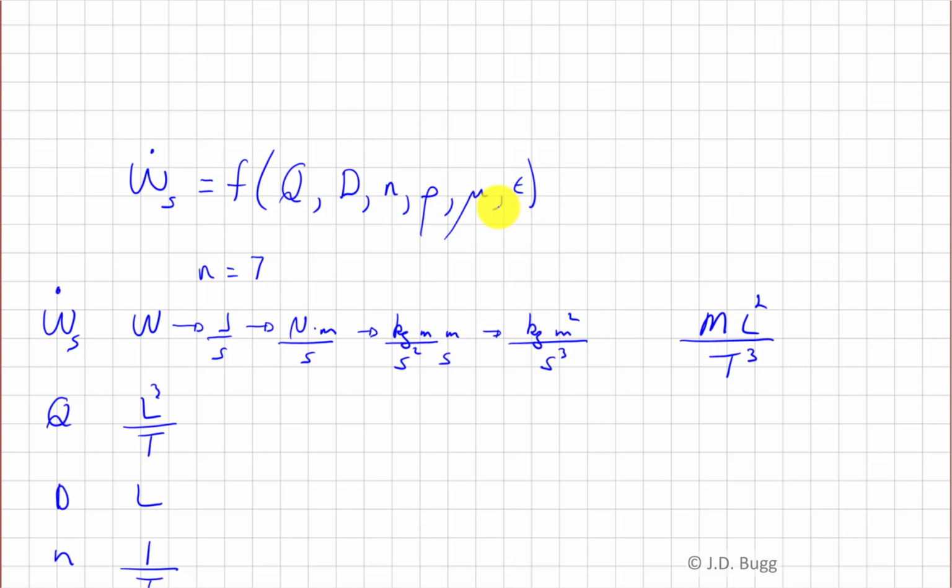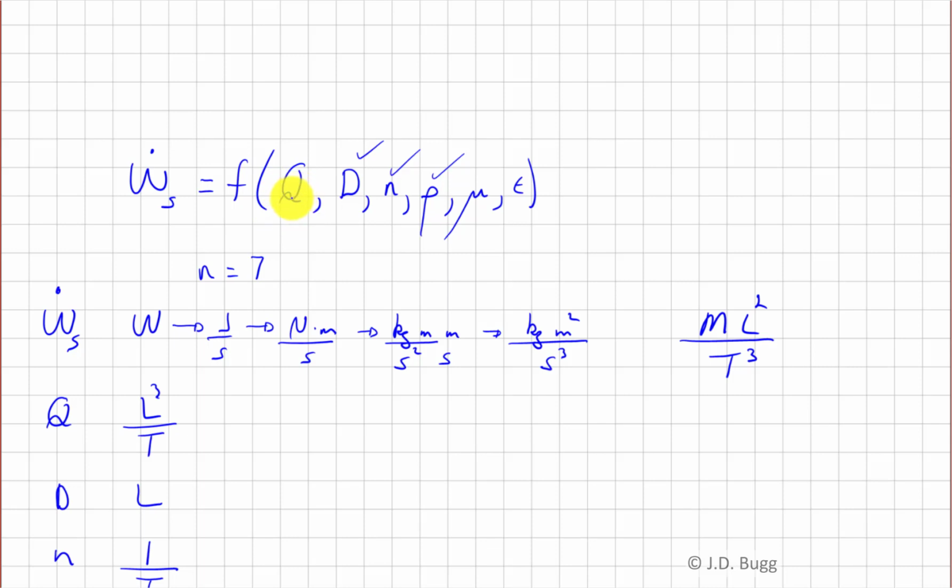We don't want it to appear in more than one place. The other consideration is we want to pick variables that are convenient to appear in multiple groups. And so we're going to pick the diameter, the speed, and the density. I don't want the flow rate to appear in multiple groups because I want to find the dimensionless flow rate coming out of this.